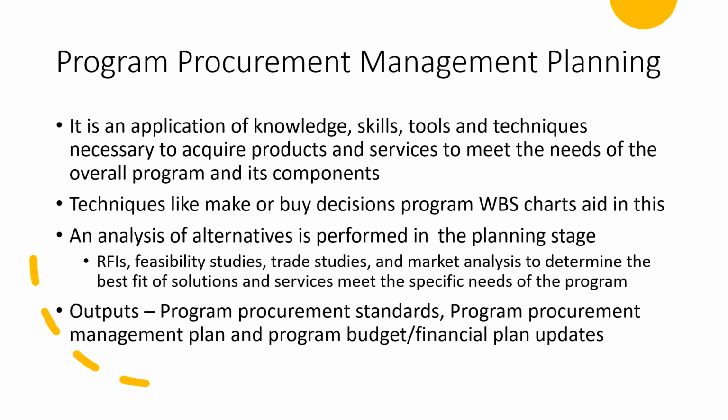So as part of procurement management planning, you have to do a lot of alternatives analysis using multiple tools, like RFIs or feasibility studies. The outputs of program procurement management planning are program procurement standards, the program procurement management plan, and program budget and financial plan updates. So definitely it will give input to the program budget as well as the program financial plan.